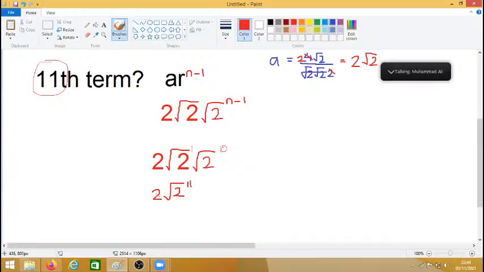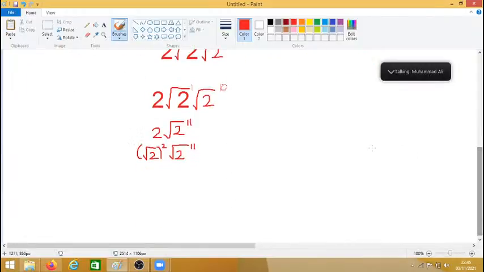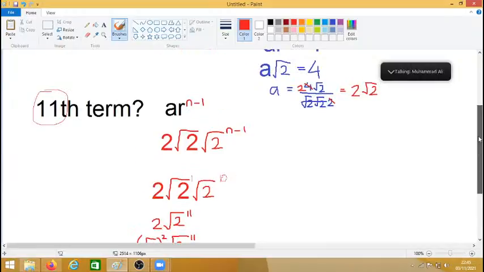And then remember the 2 itself is made up of root 2 times root 2, or I could say root 2 squared, times the root 2 to the power 11. So then that simplifies to, again adding the powers, root 2 to the power 13, which would be your final answer for the 11th term.